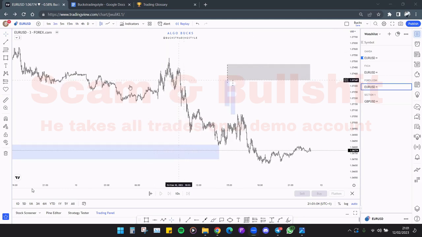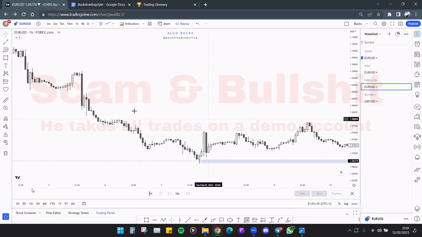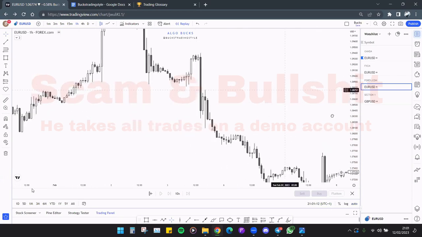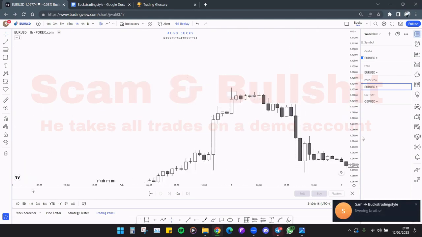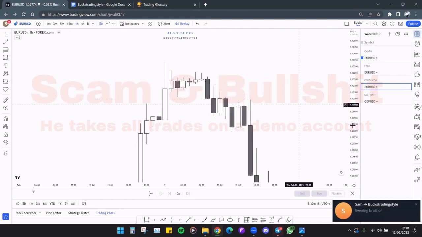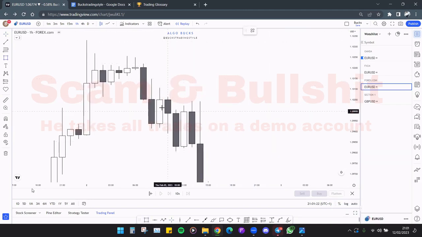Let's look at how we look at unmitigated wicks from the 1 hour time frame. Let's mark unmitigated wicks and also mitigated wicks. Right from here, if I mark this wick right here and extend, we see this candlestick wick mitigated this one.